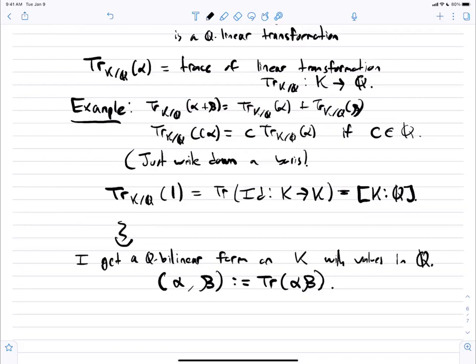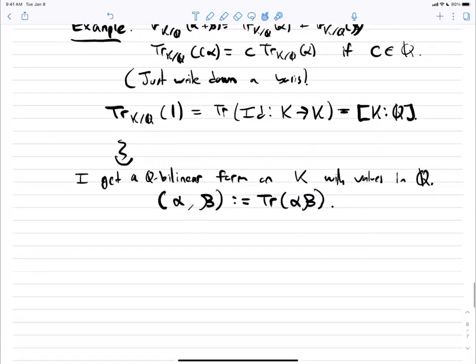Okay, so how does this help us? We wanted to show that the ring of integers OK is finitely generated. So we want to show it's a finite Z module. And so, okay, how are we going to do this?